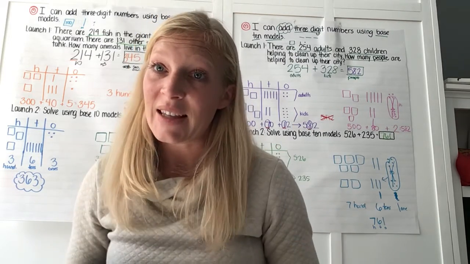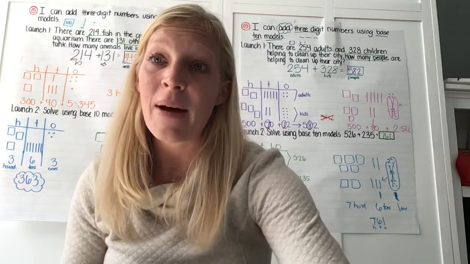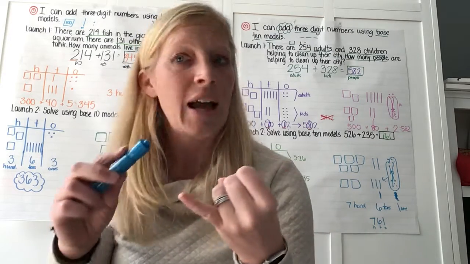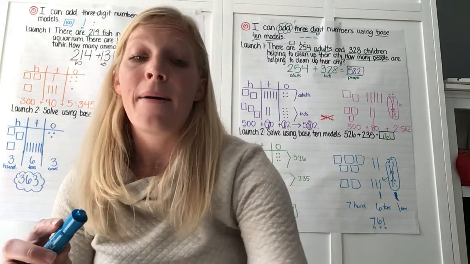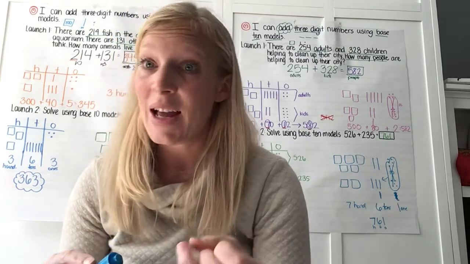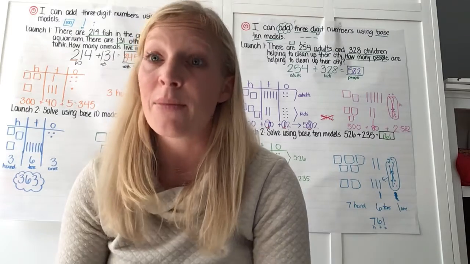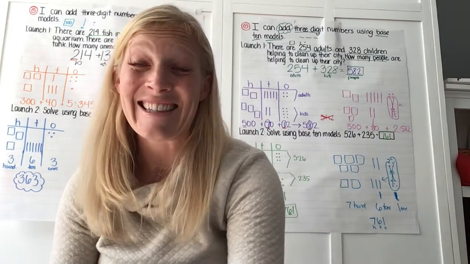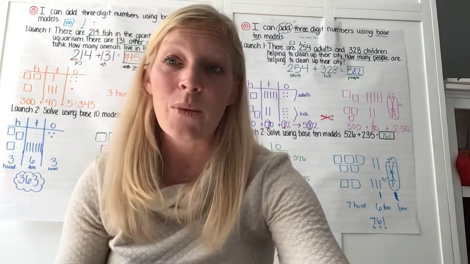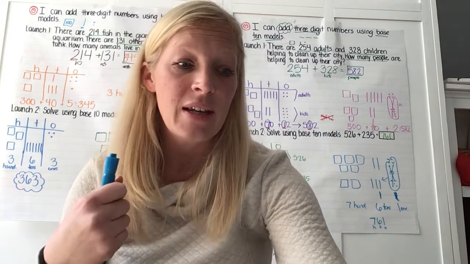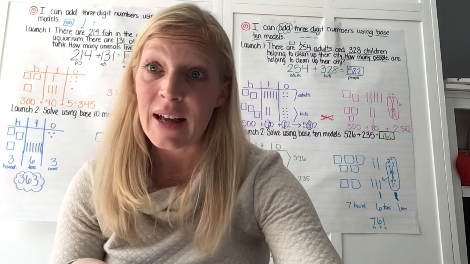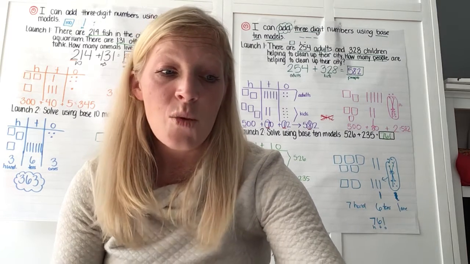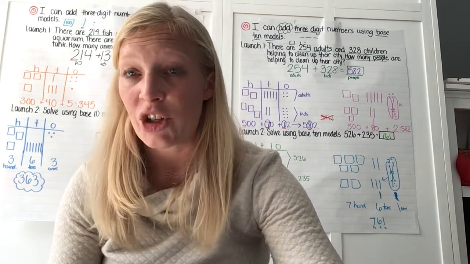For next week's lessons, you're going to see the same pattern where we have number line, no regroup, number line with regroup, partial sums, no regroup, partial sums, regroup. So there's a good 6 days with that work, and then we wrap up this unit adding 3-digit numbers with a supplemental lesson 3C, which is 3-digit addition with any strategy.